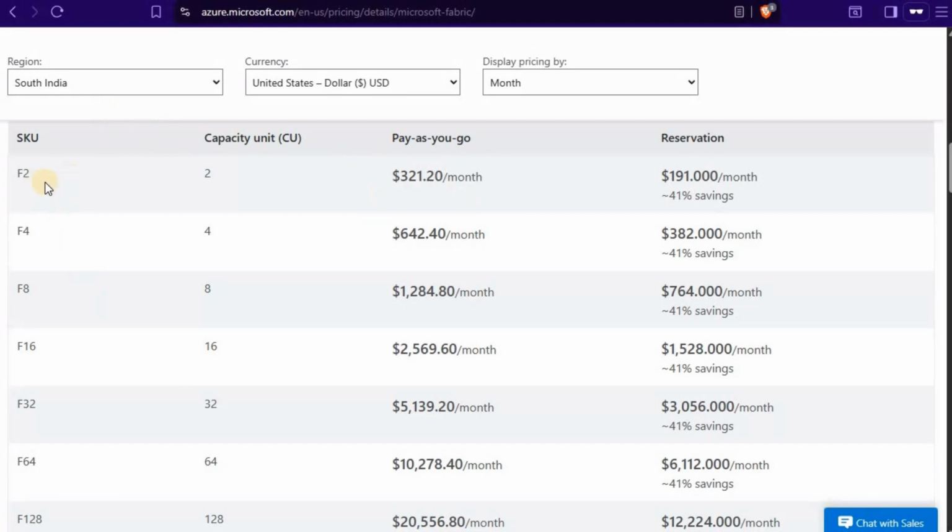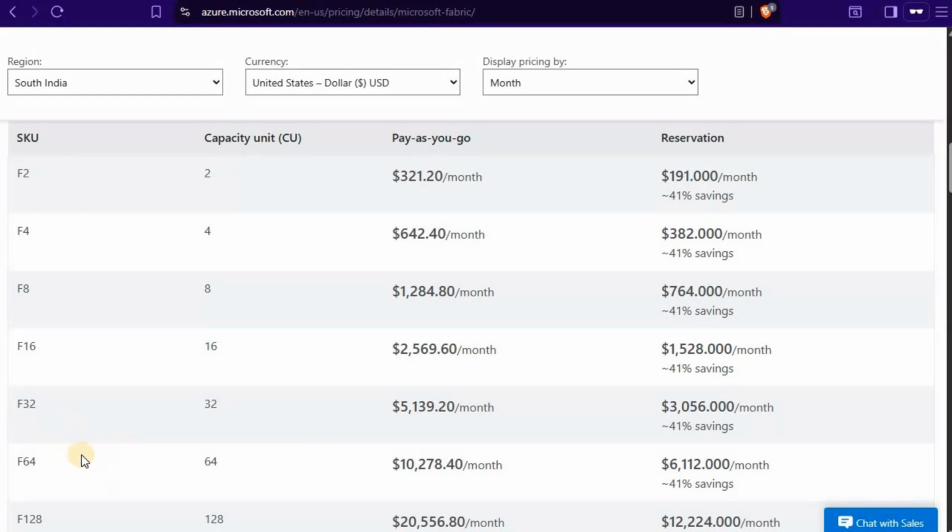As far as SKU F2 is concerned, we will be paying $321 every month if we are continuously using it for a month. If you reserve F2 for a year, the price comes down to roughly $191 per month, which is close to 41% savings.